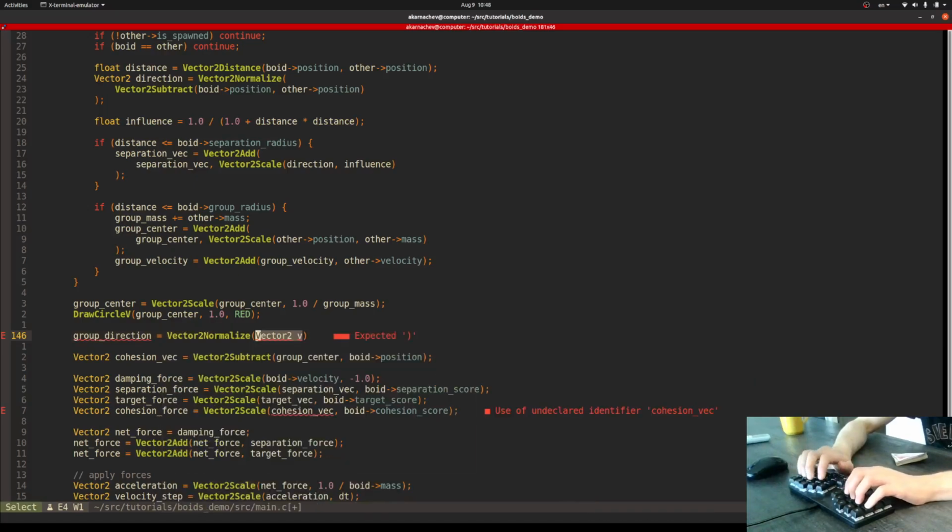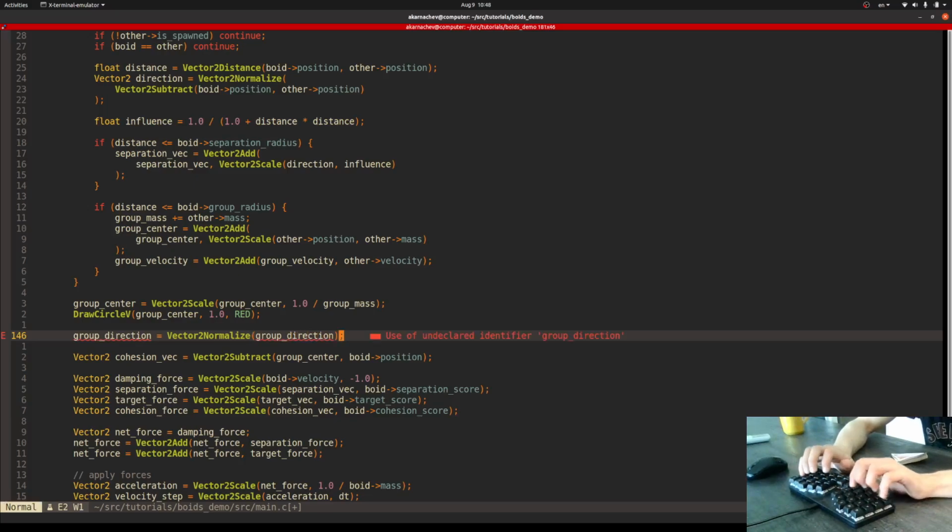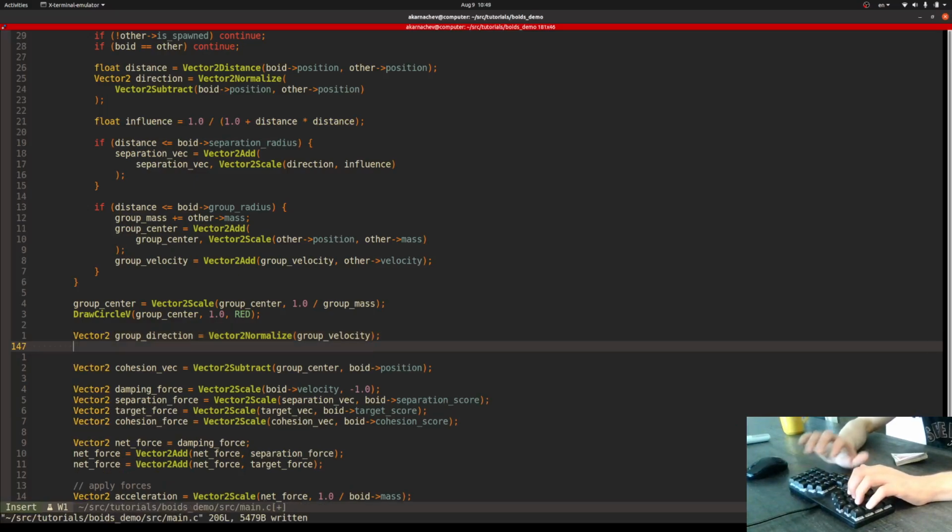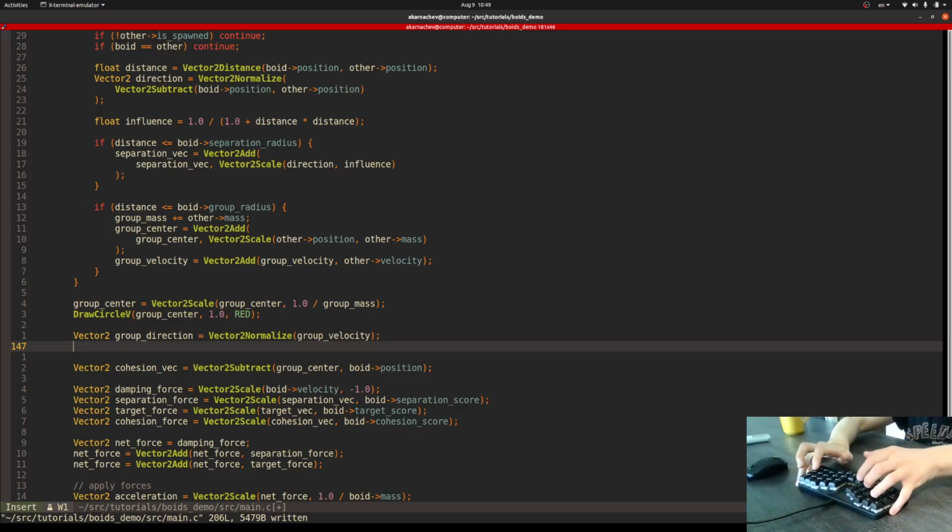Vector2 normalize group direction, group velocity, Vector2 group direction, and let me compute the angle between group direction and the current Boid velocity.